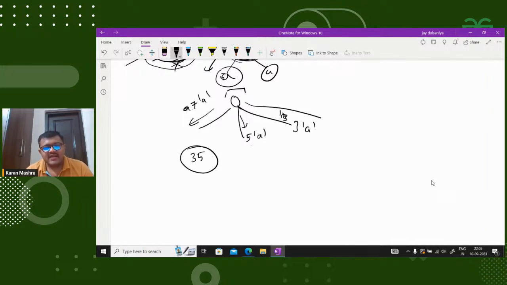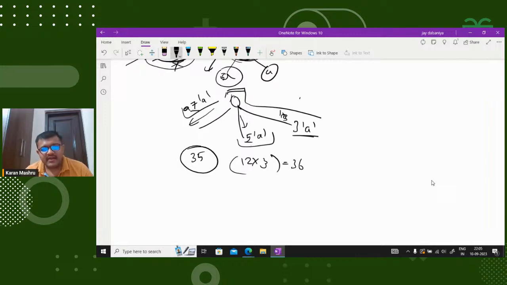Then can I say these three A's can be paired up with 7 plus 5, 12 A's. So 12 into 3. So there will be a total of 36 paths, where this is the middle element, and the one A is from this or from this.